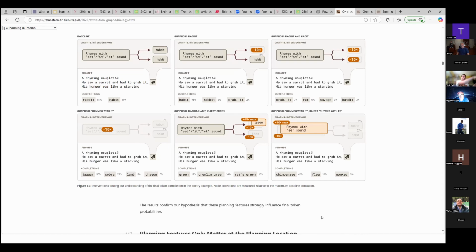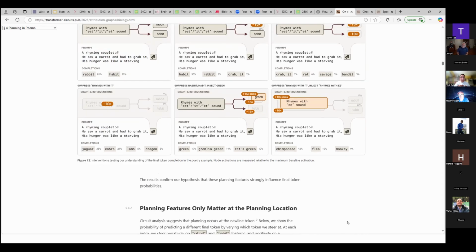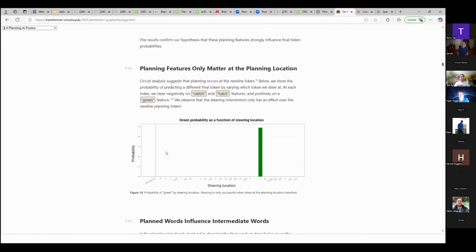Attention can reach back 10 tokens and grab something and pull it in. And what we will see on this chart is that this intervention, where they did the two minuses and the plus on green, has no effect if you apply it at any token position other than the new line, and in particular, all the places after it. This is not an RNN.